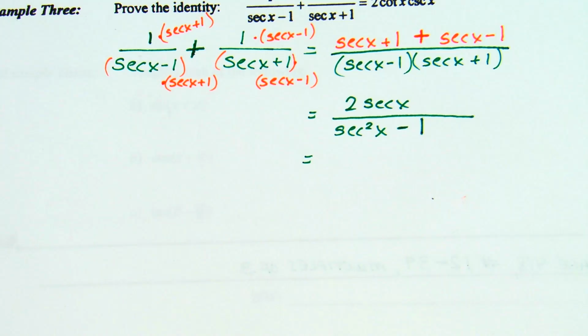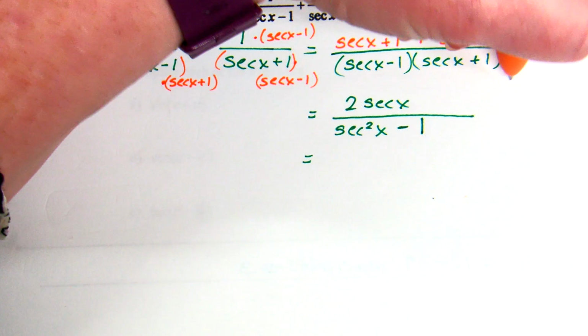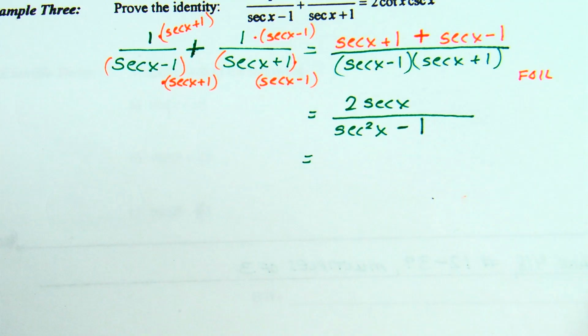Okay, so if 1 plus tangent squared equals secant squared x, then what do we know about secant squared x minus 1? Subtract the 1 over, and we have that tangent squared x is equal to secant squared x minus 1, right?